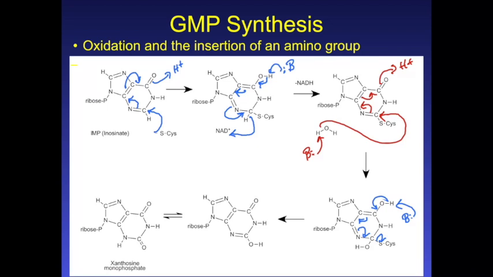The sulfur of the cysteine in the enzyme falls off. And now I am in an entity that can form a resonance structure, okay? And we will do that resonance structure by taking this proton, creating a ketone, and that picks up a proton. And I get to something called xanthine.